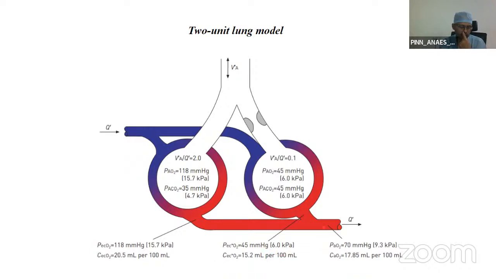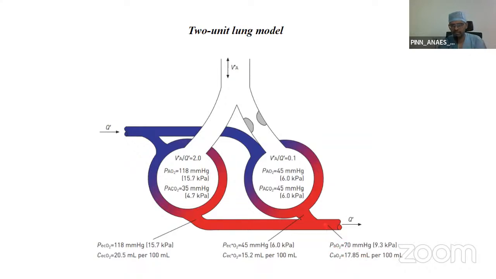So how will the PO2 be in the effluent blood? The effluent blood is a mixture of both the well ventilated as well as the under ventilated units. So here it has an arterial oxygen content of around 17.85.